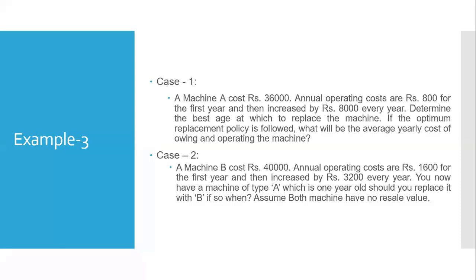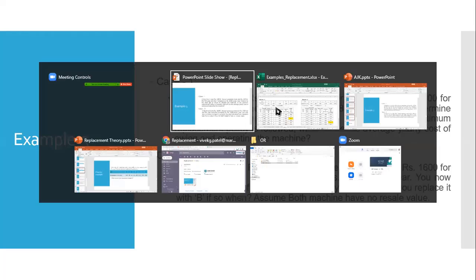Okay, so after 1 year of usage of machine type A, and then we plan for machine B, at what time should I be replacing machine A with machine B? Okay, and for that, this is the solution.